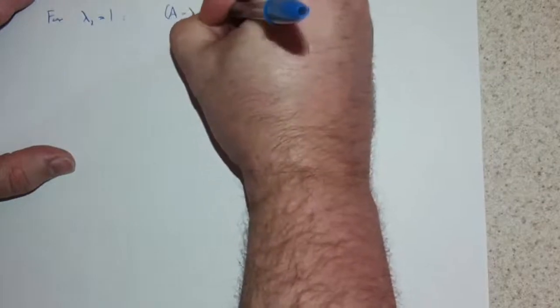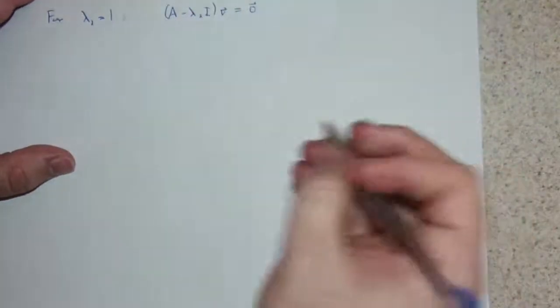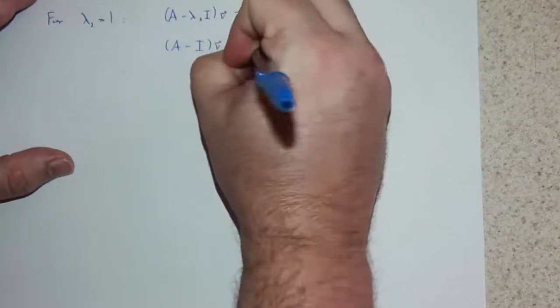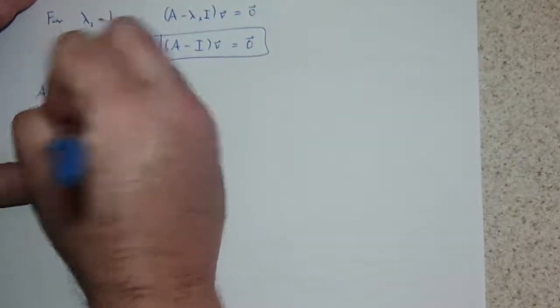Let's do the same thing for the eigenvalue 1. So for lambda 2 equals 1, the equation in question is A minus lambda 2 I times v is equal to 0, which would be the equation A minus I times v is equal to 0. What is A minus I?